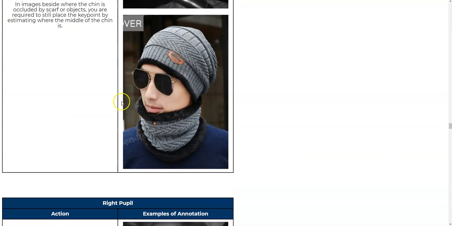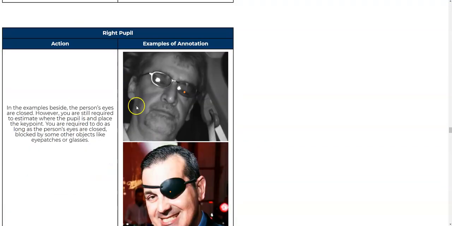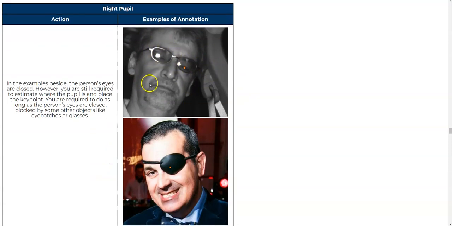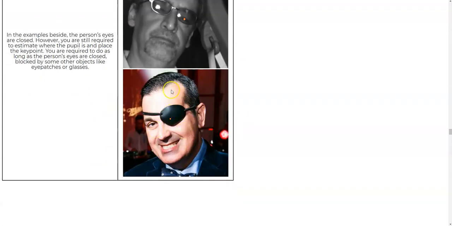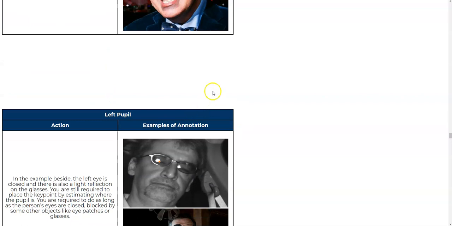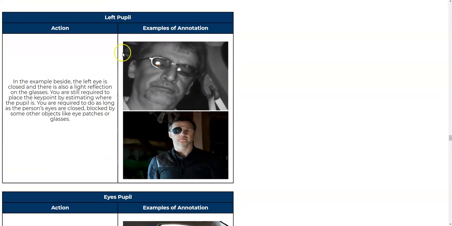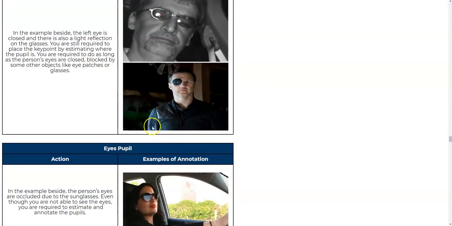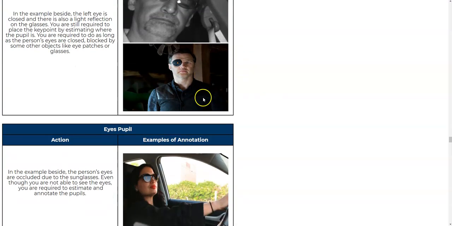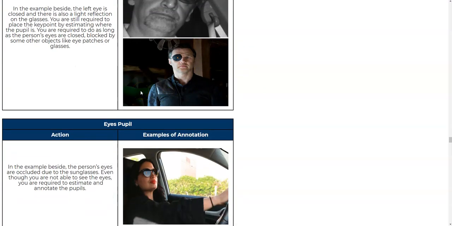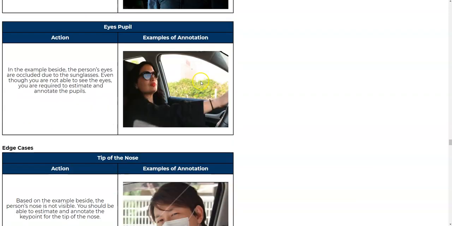Right? Sometimes they might be wearing a scarf, or their glasses will have reflections. They might be wearing eye patches, and so on. So in all these cases, you are required to estimate the position of the eye or eye pupil and make the annotation.